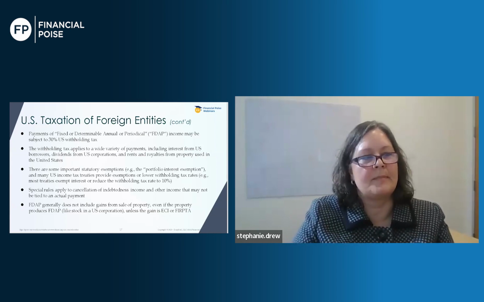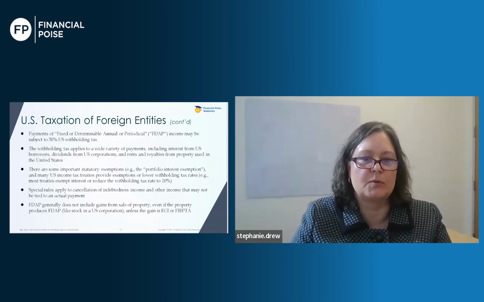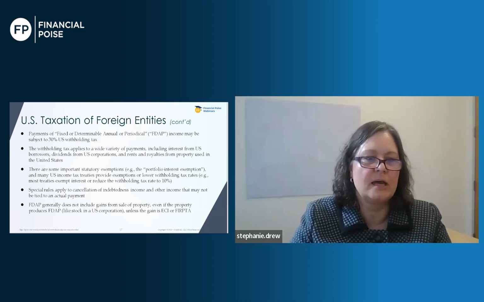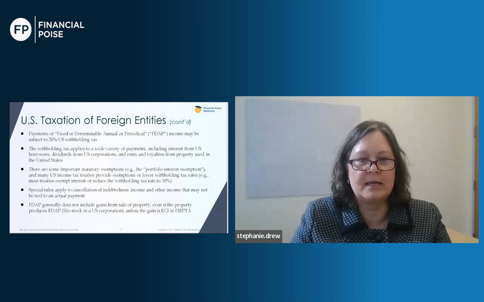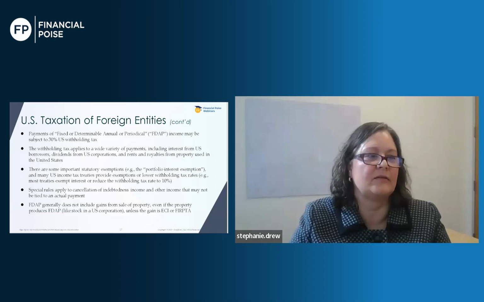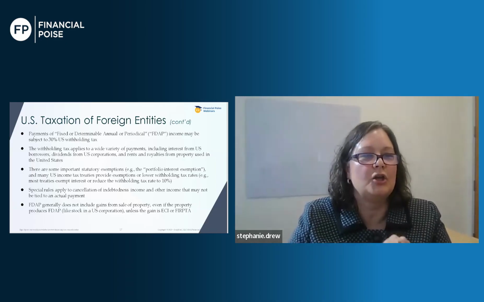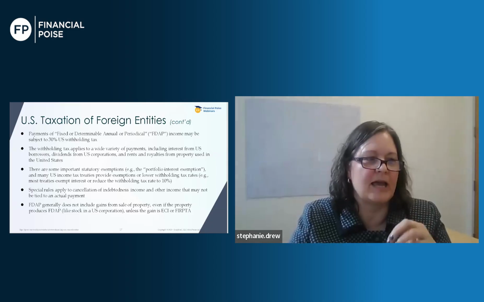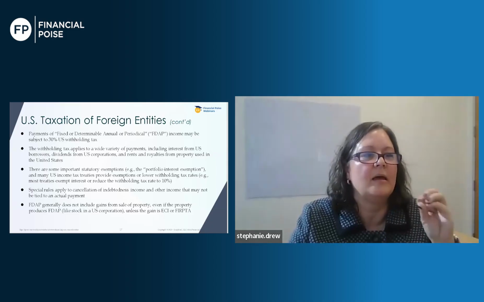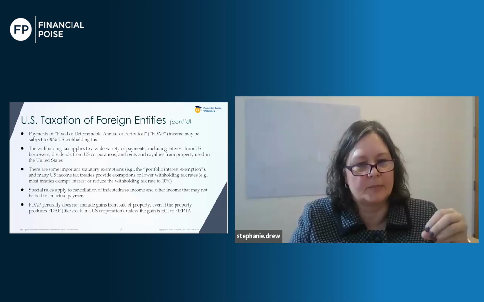One of the things when you're thinking about withholdings generally, especially with cross-border issues, as a planning tip, it's better to err on the side of over withholding, because you do not want to end up in a position where you didn't withhold and now you have to pay those withholdings to the government.